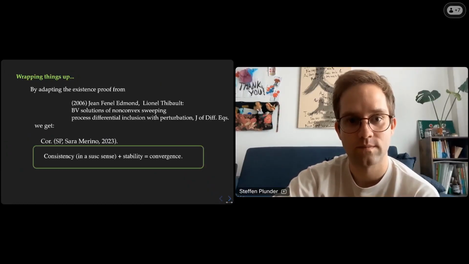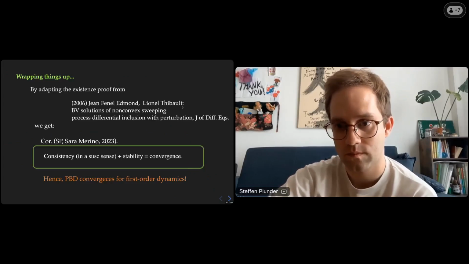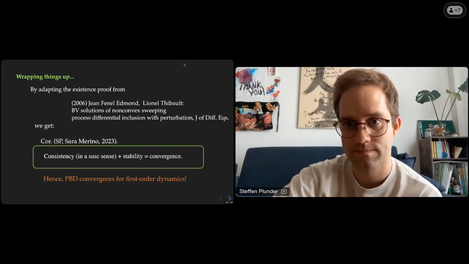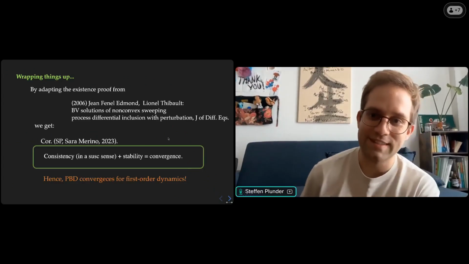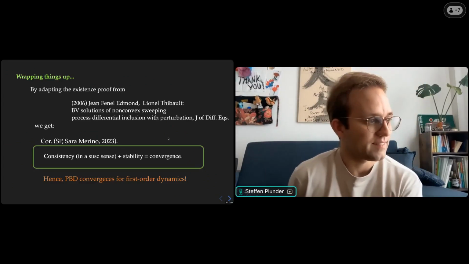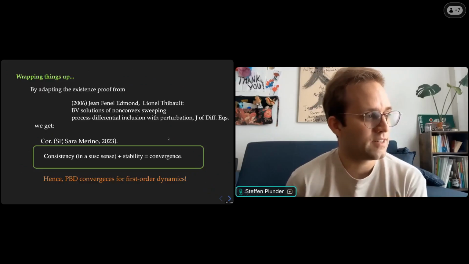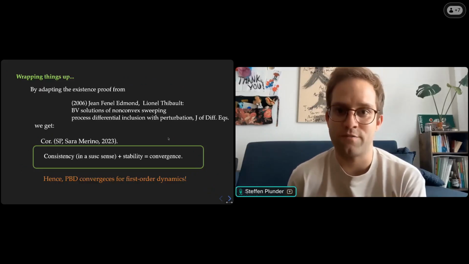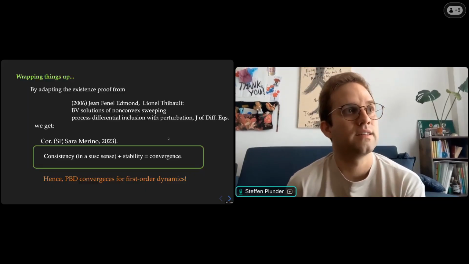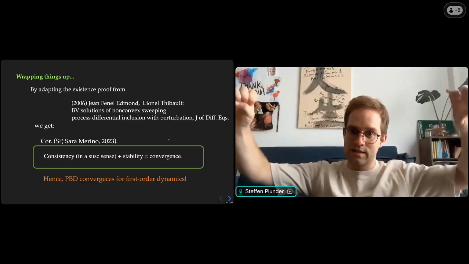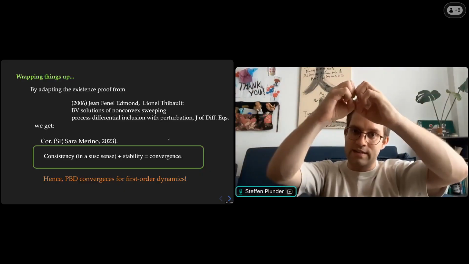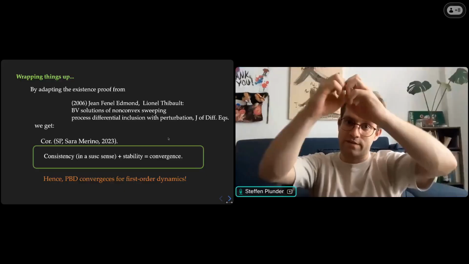But does your proof work for second order dynamics or arbitrary order dynamics? No, it does not. What is the reason? Second order dynamics need a different theory of measure differential inclusions, and there is a jump in the velocity. If two particles collide, the velocity is left-right, and then at one instant it swaps to right-left.